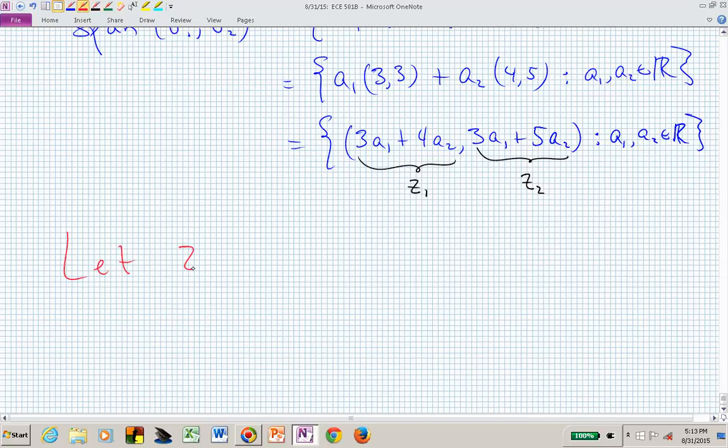I'm letting z1 be 3a1 plus 4a sub 2, and z sub 2 be 3a1 plus 5a sub 2.